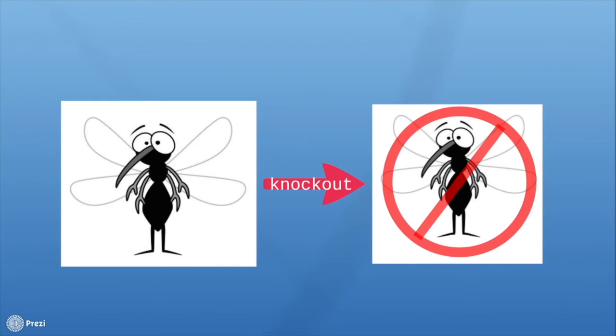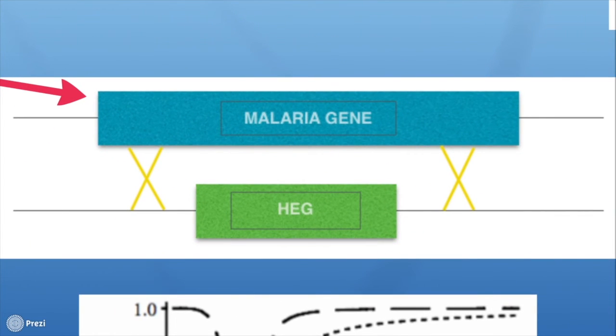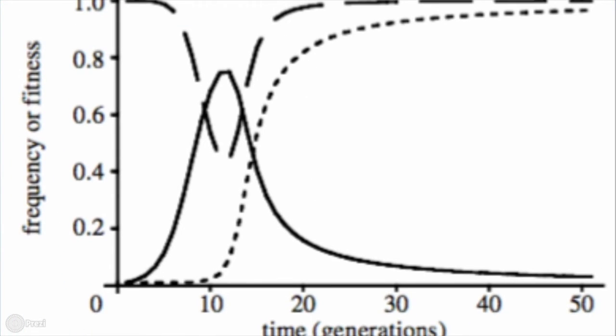We would like to modify this gene in such a way that it would be lethal for the production of malaria but has no effect on the mosquito. We can then design an HEG that blocks the unwanted sequence but leaves the desired one. If we release these mosquitoes carrying the HEG and the resistant allele, this latter one will predominate quickly, as can be seen in the figure.